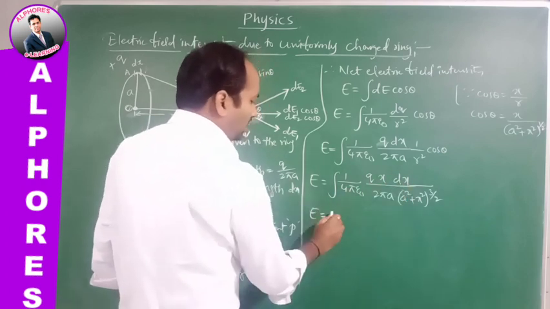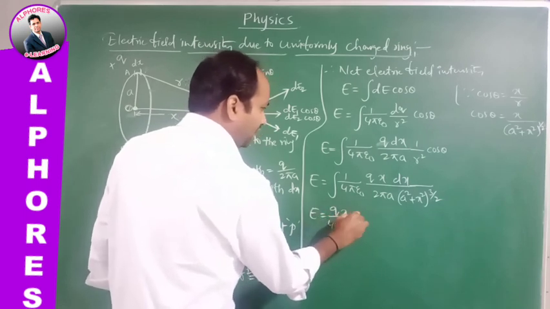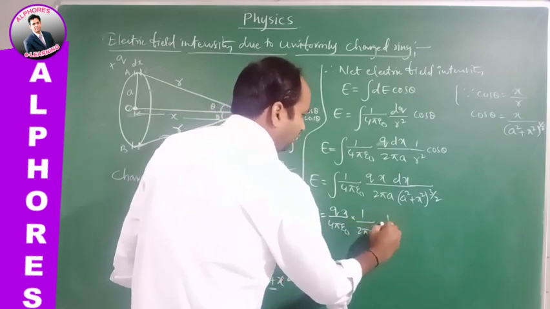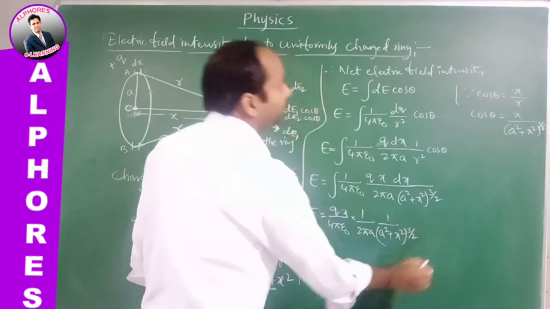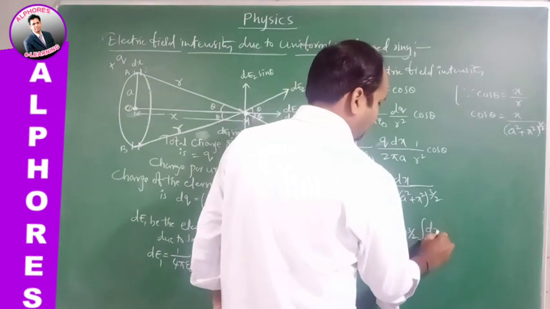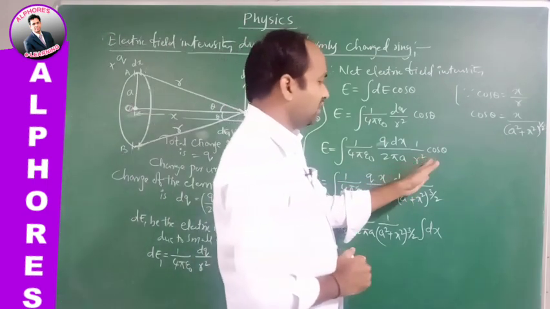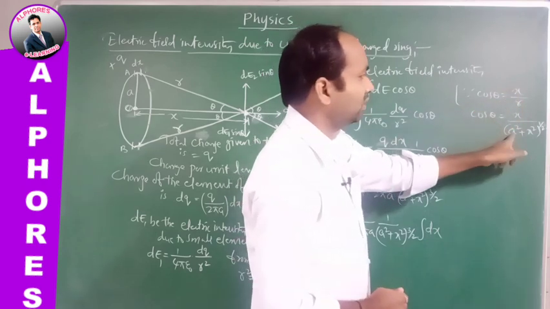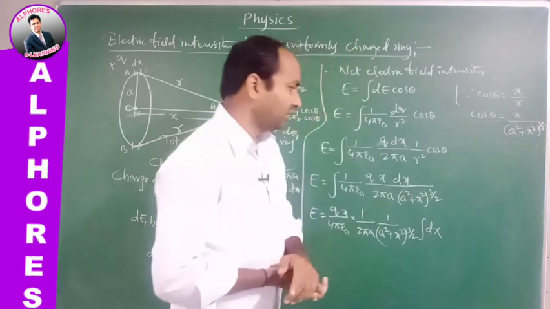Except dx, all are constants: 1 by 4 pi epsilon naught, q x by 2 pi a, 1 by (a square plus x square) whole to the power of 3 by 2, integration of dx. Here cos theta we wrote as x by r, where r is under root of a square plus x square, written as (a square plus x square) whole to the power of 1 by 2.